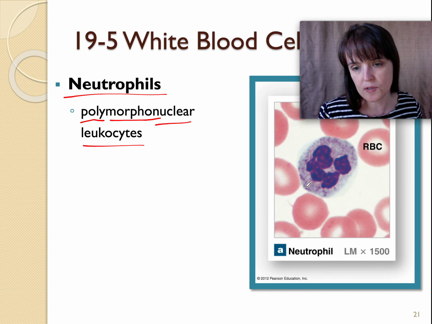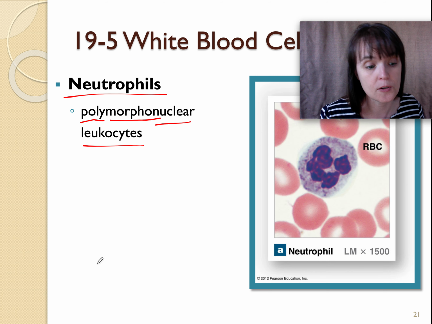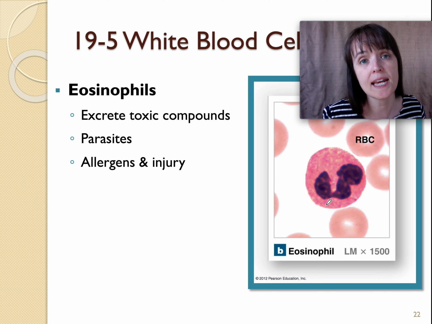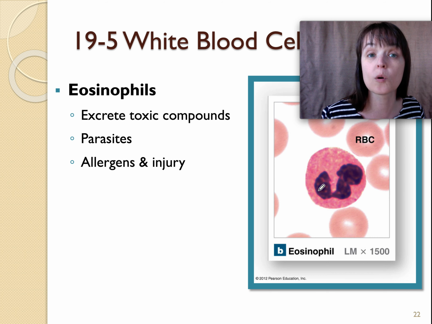And so you see those little purple dots. Those are the granules in the neutrophils. In the eosinophils, those granules take up an orange stain, the eosin stain. And so the eosinophils look just like the neutrophils, except they're slightly more orange.